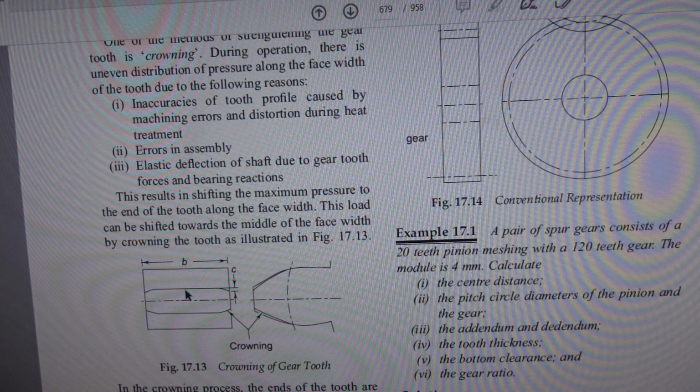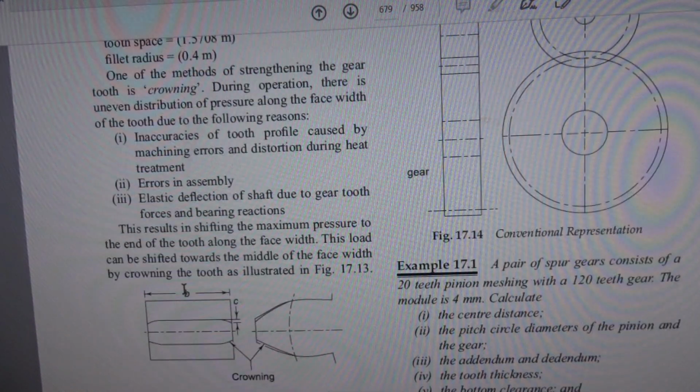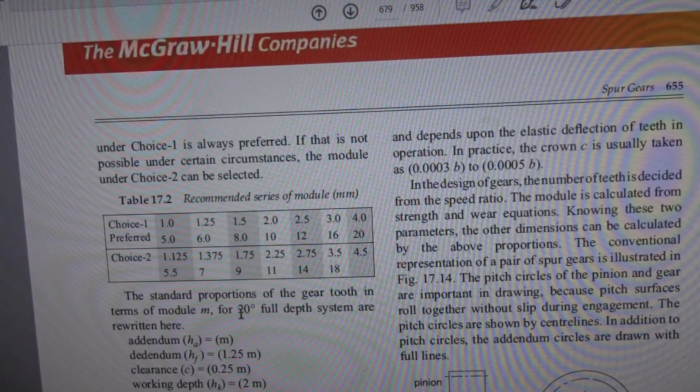So this is known as crowning. Now the value of crowning should be 0.0003 times the gear width to 0.0005 times the gear width. So this is the crowning.